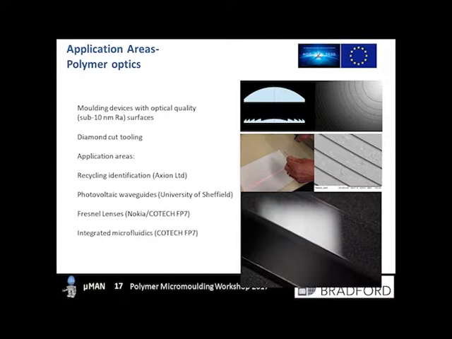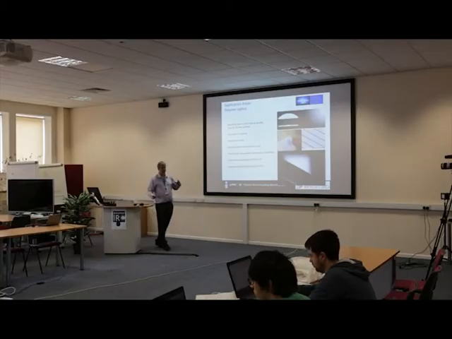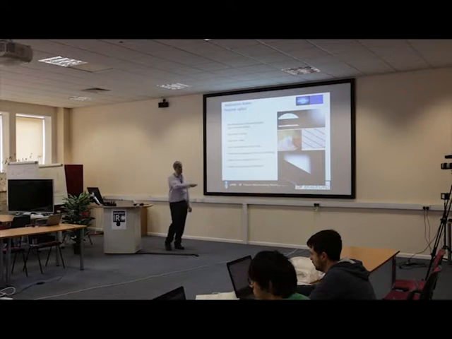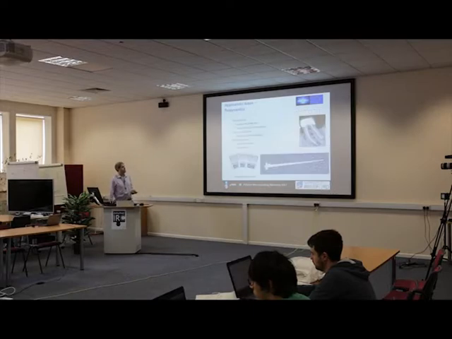So we do things like Fresnel lens molding, we can do diffraction gratings. And this is a light harvesting device, an anti-reflective light harvesting device for photovoltaic applications. So basically we can increase the efficiency of solar cells, rather than having sun tracking systems, by having some clever polymer collectors mounted to the active element. So we've done a range of work in this area.